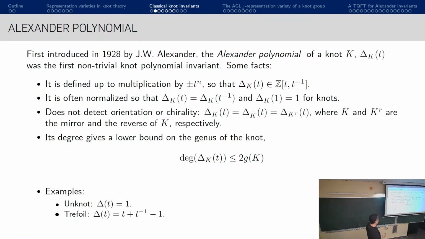Two tiny examples: I've already said that the polynomial of the unknot is 1, and then the trefoil Alexander polynomial, t plus 1 over t minus 1. It's following that normalization, but we can also use, for example, t squared plus 1 minus t. We multiply that polynomial by t. Okay, so it's not uniquely defined.